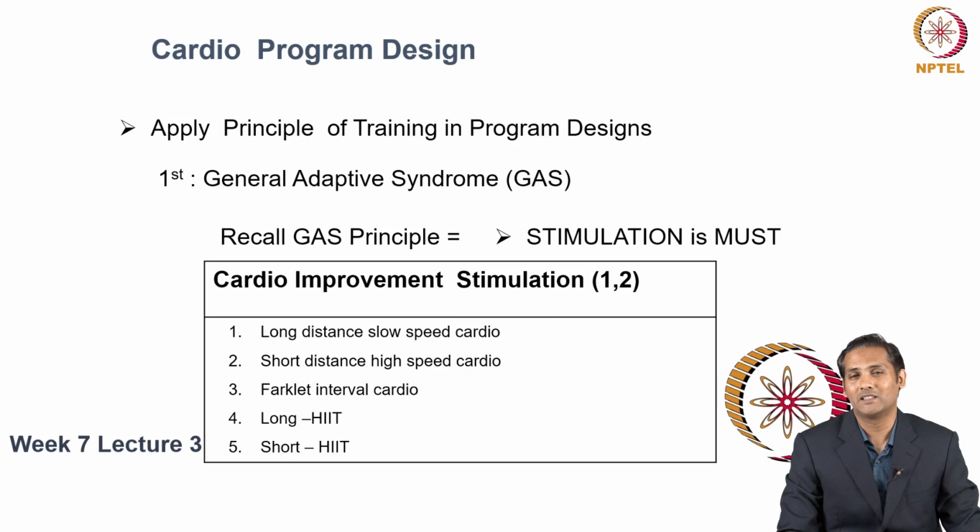You may recollect that these are the different methods of aerobic training covered in week 4. So you may reflect, relate and revise the details of these methods in the week 4 lecture series.